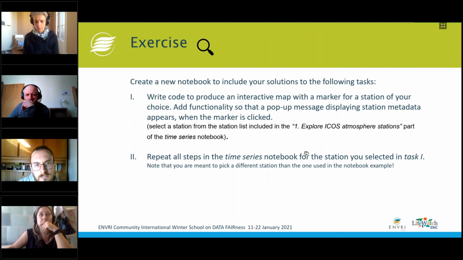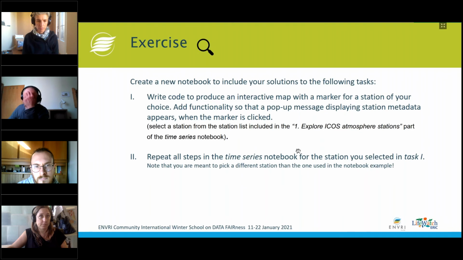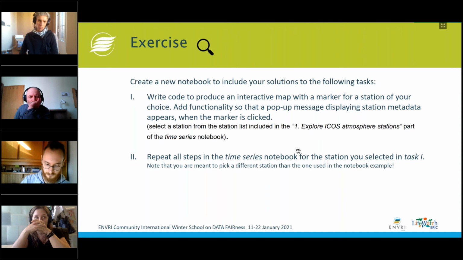As you probably know better than me, you have to hand in something or do something on your own. So what we were thinking is that you do a map, as we have done in the first exercise, where you select one of the ICOS Stilt stations, and you can, for example, center the map to that station, and make sure that if you click on it, the information available is about that station.